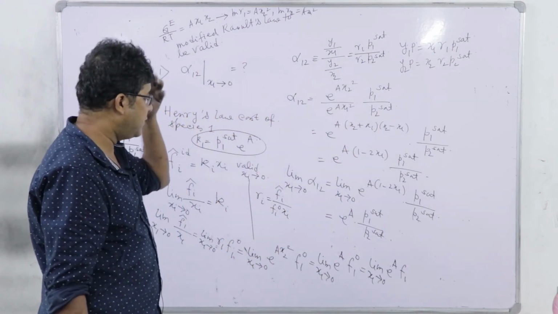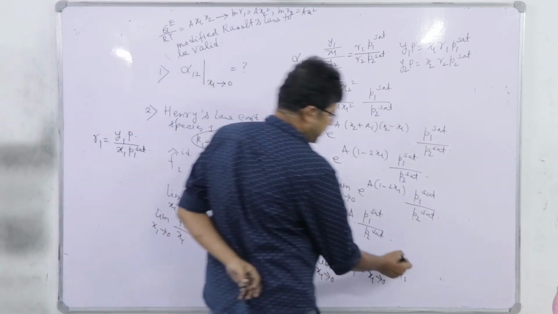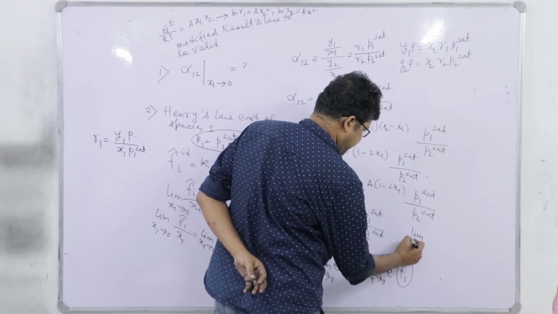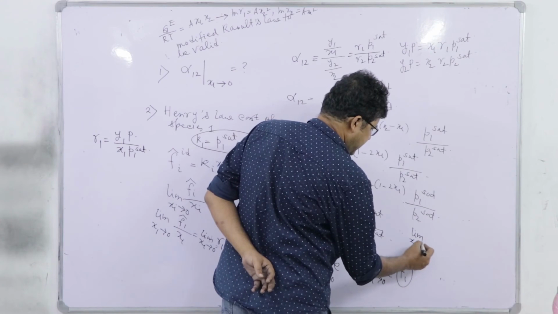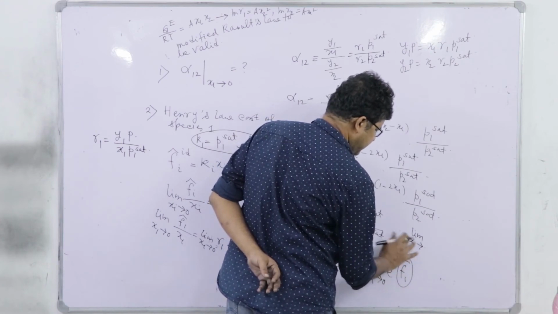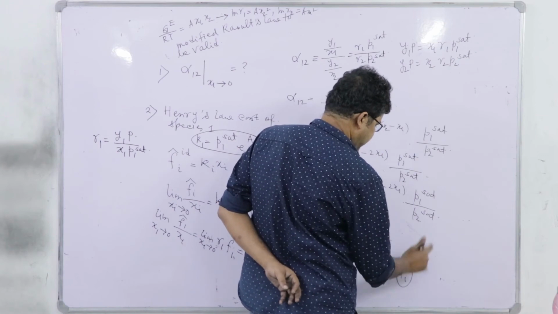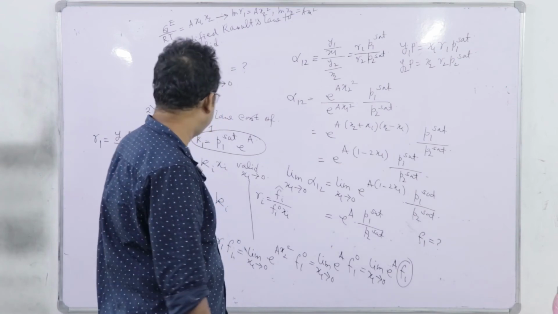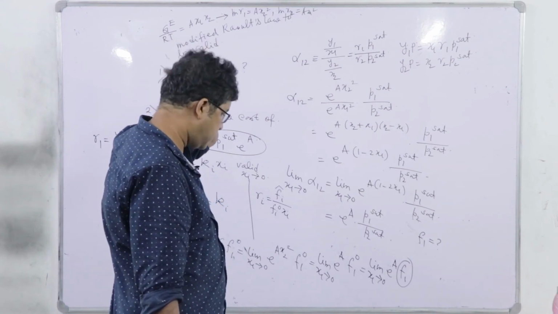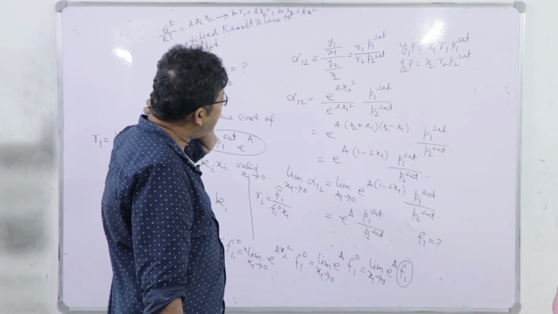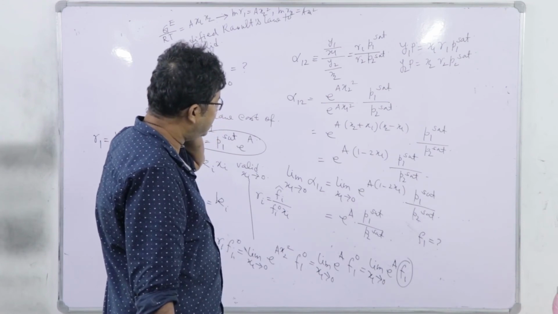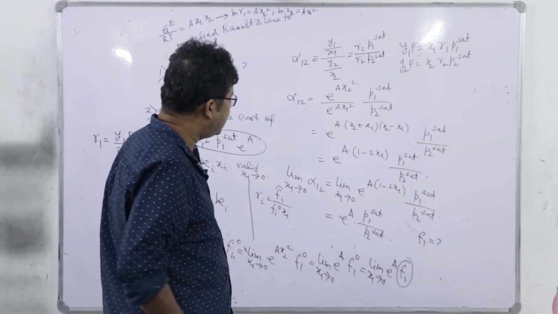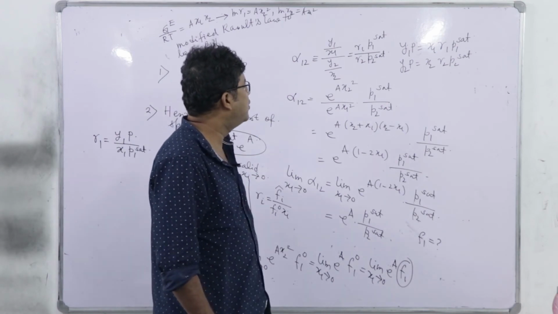Now, pure species fugacity, see here comes a point. We have to solve limit x1 tending to 0, or rather what is f1. Pure species fugacity, what will be the value? Now, for pure species fugacity, and x1 is... pure species fugacity, what will be the value?